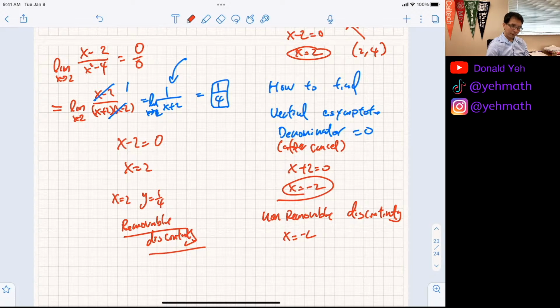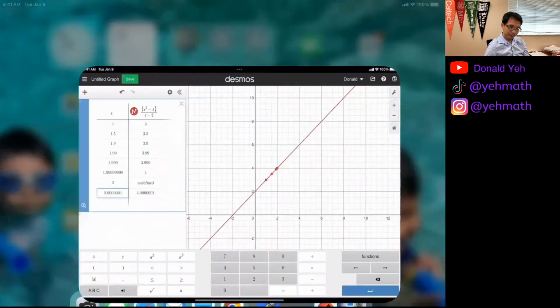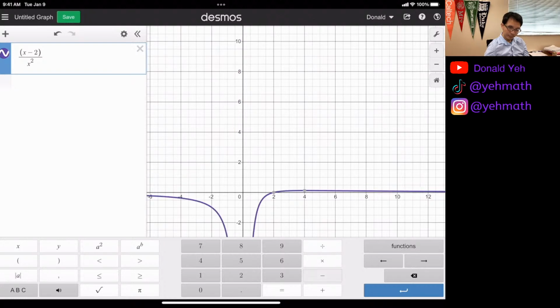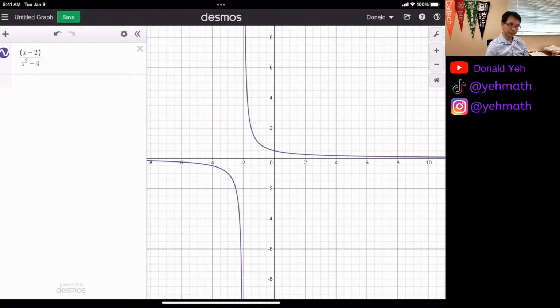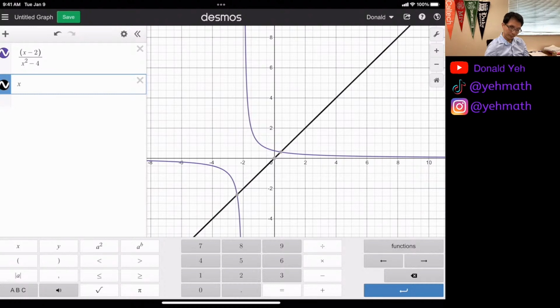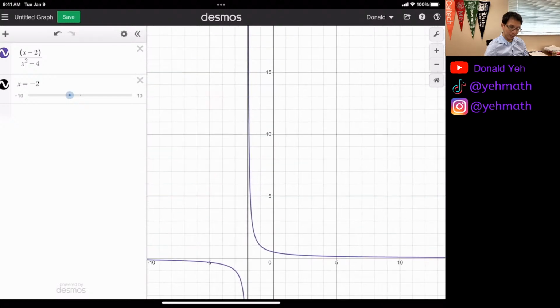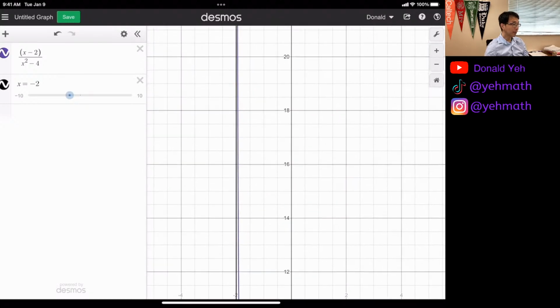Okay, so if you look at the graph, it's going to look like this. I'll show you what a vertical asymptote is. x equals -2, that's going to be a vertical asymptote. That's a line that they never touch. It's not shown on the graph, but it's there. Do you see that? They never touch.